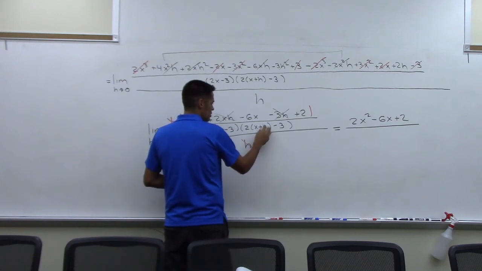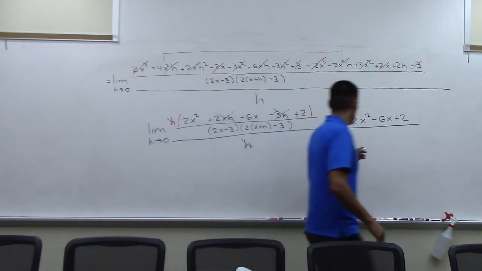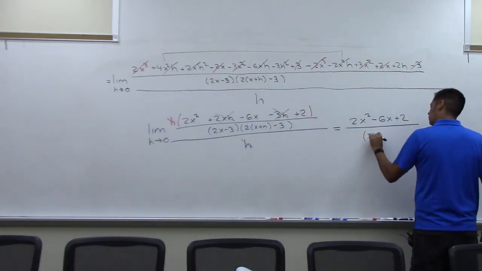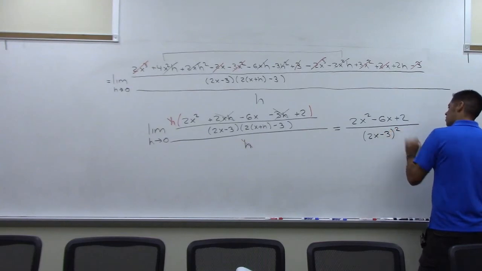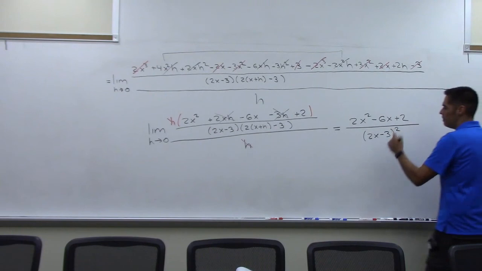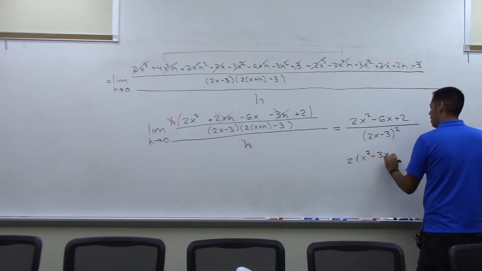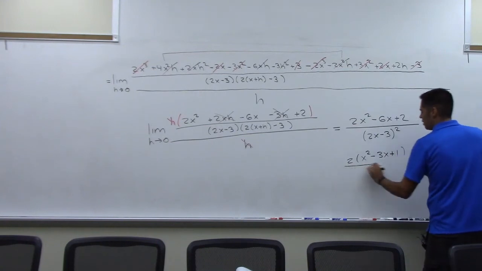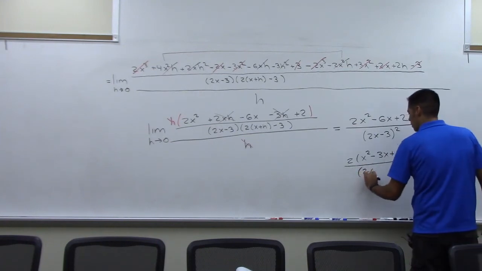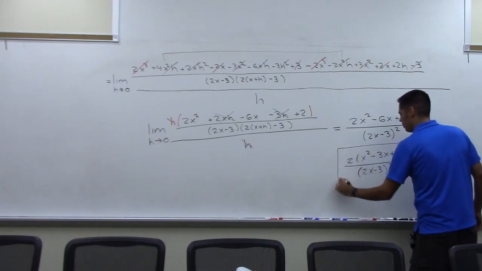This h goes to 0, which means this is just x. So this is 2x minus 3. So we have 2x minus 3 times 2x minus 3 squared. I believe you can factor out a 2 on top, but it's not necessary unless that would somehow help me factor the top, but the top does not factor anymore. So this is it right here.